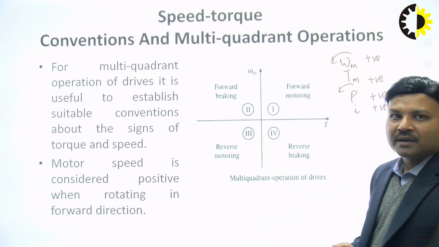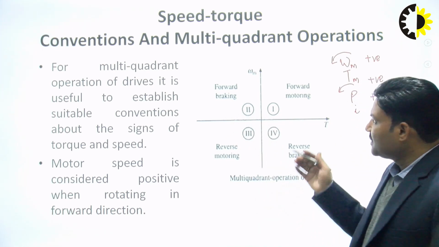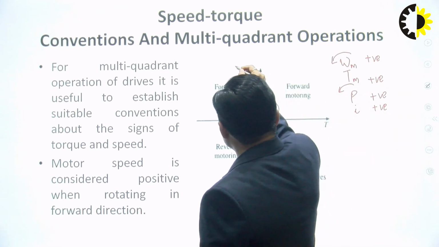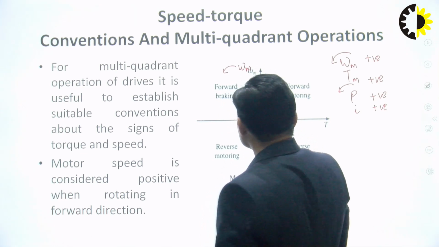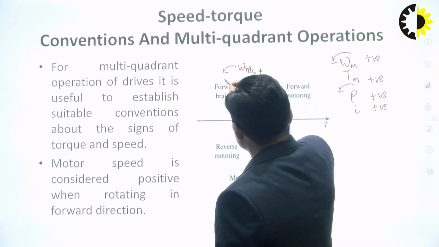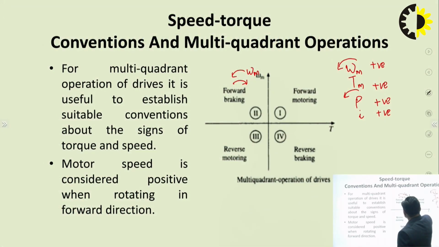So for the braking operation, speed is still in the same direction, but the direction of torque reverses due to the direction of current, which is also being reversed.